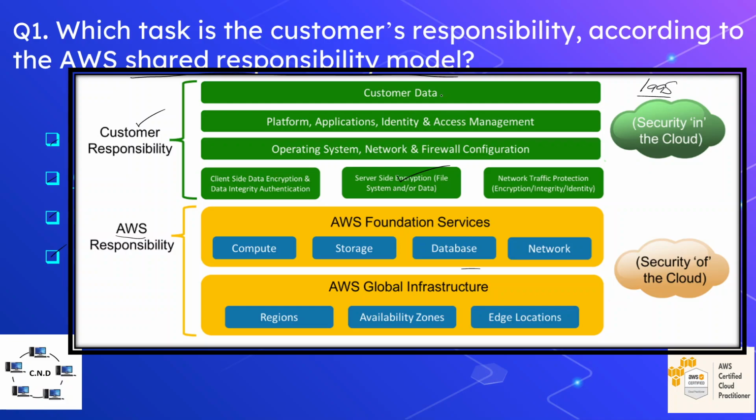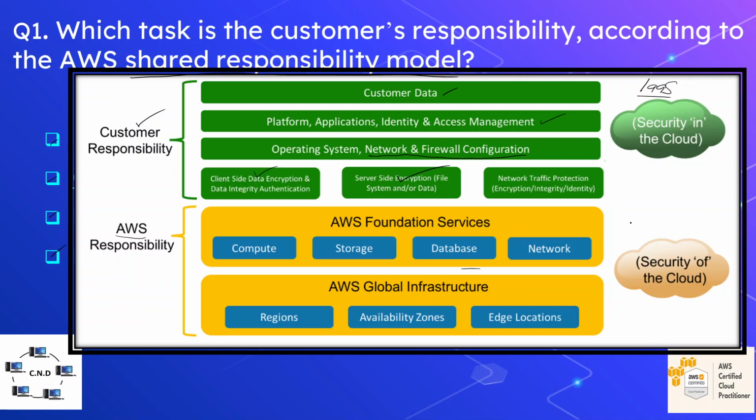Here we can see that the protection of the customer's data, the identity and access management, such as the creation, provisioning and management of users, and as we studied in the question, the configuration of network and firewall, these all are the responsibility of the customer. And besides these, the data encryption on the server side as well as on the client side is also the responsibility of the client or the customer.